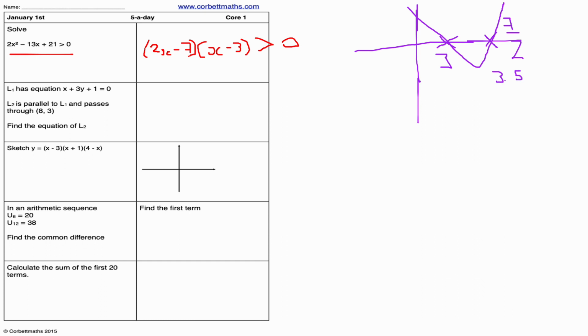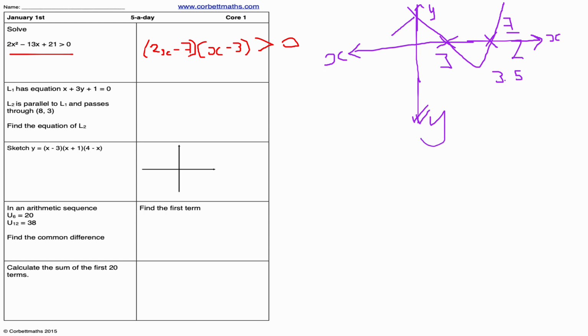Now, it wants the quadratic above 0, so it wants this above the x-axis. So this is my x-axis, guys. Sorry that it's not drawn perfectly, but it's a rough sketch. And this is my y-axis. So it's above the x-axis, and there should be an arrow there, not a tick.